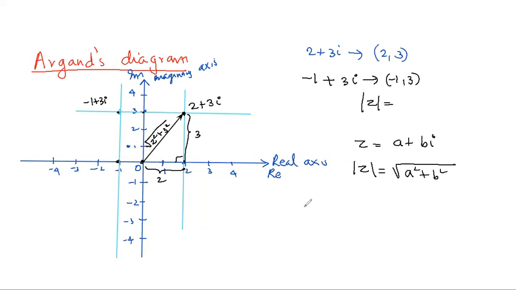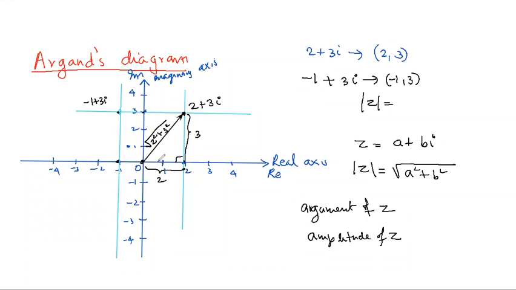Then one more thing I want to teach you. Argument of z. I have used Pythagoras theorem. That's why I told you right angle triangle. So argument of z, or amplitude of z.